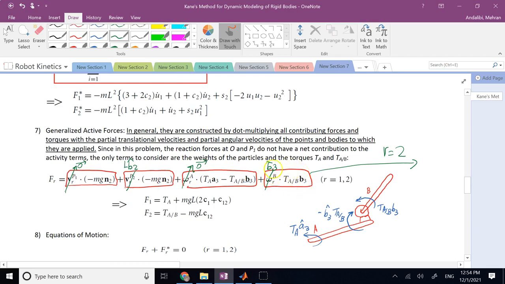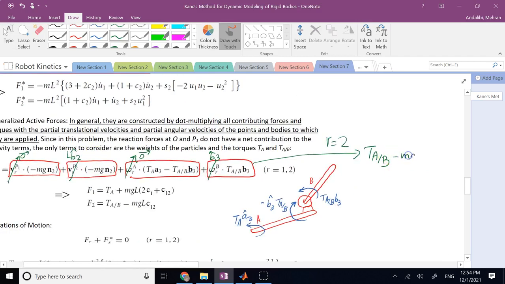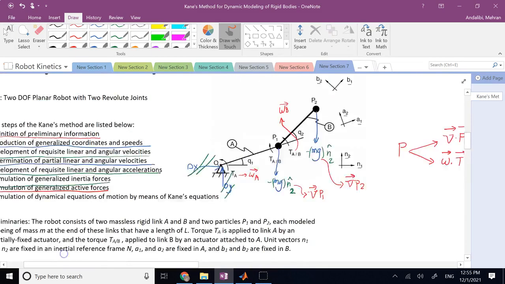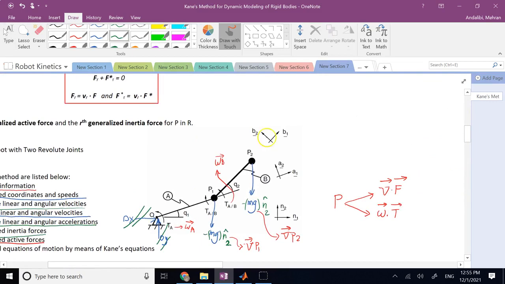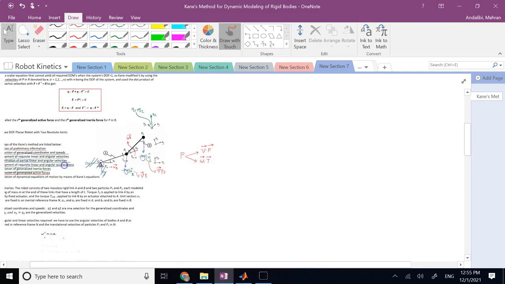So this last one is very easy because B3·B3 is 1, so you're just going to get Tab. That one is going to be negative mg times L times B2·N2. And for that, I can go up here. That is B2, N2 is upward, and the angle between B2 and N2 is clearly Q1 plus Q2. So it's going to be cosine of Q1 plus Q2 here.